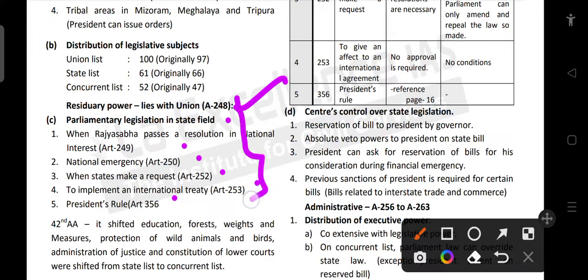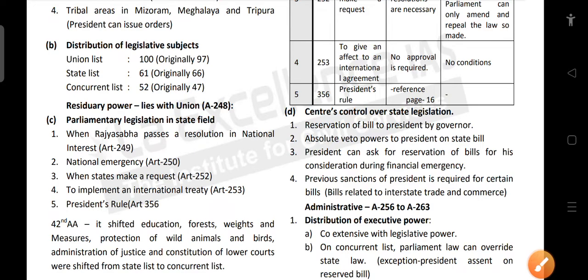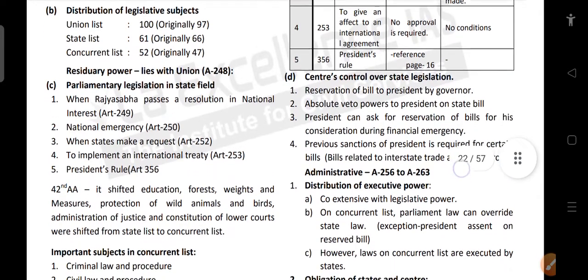So these are the various grounds on which Parliament can interfere in a state subject: when Rajya Sabha passes a resolution, in case of national emergency, President's rule, when states request, or for implementing an international treaty or agreement.